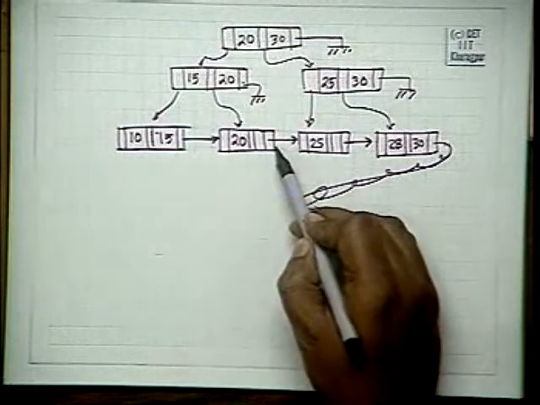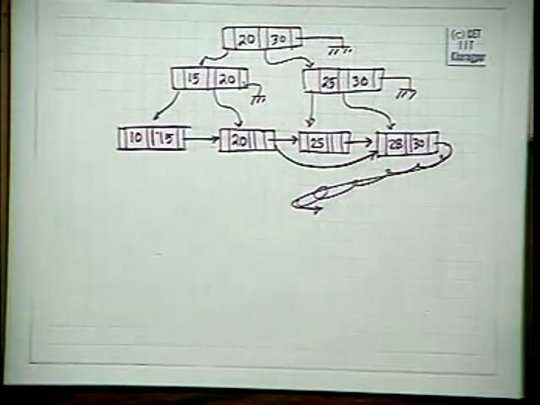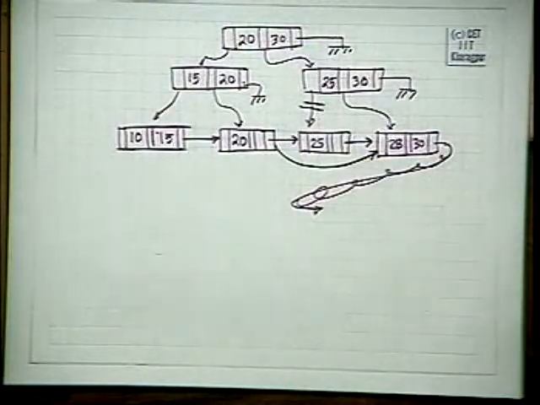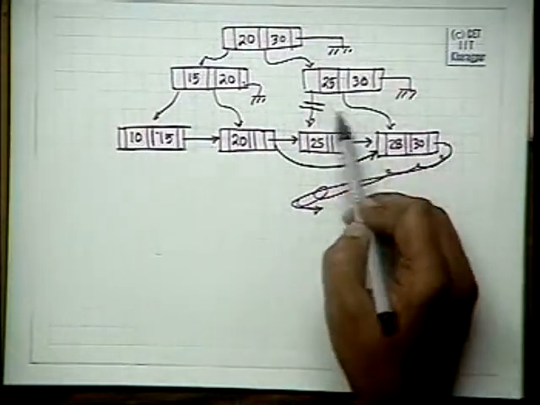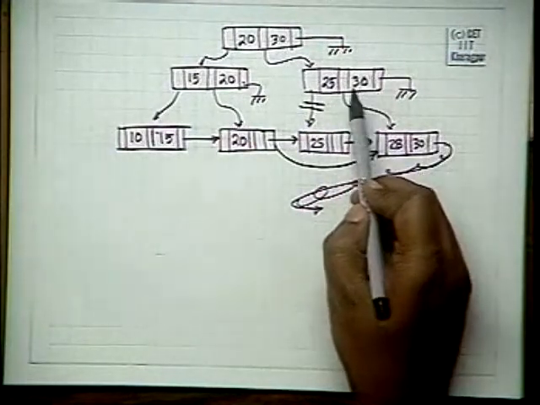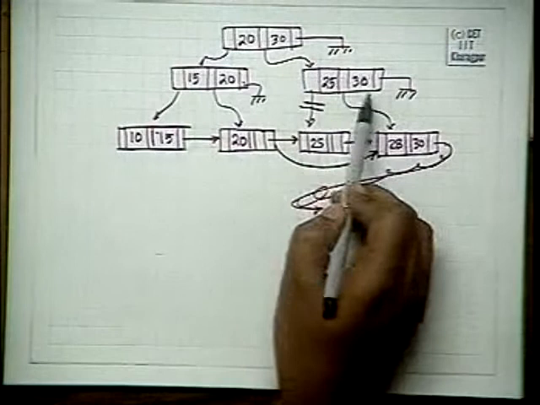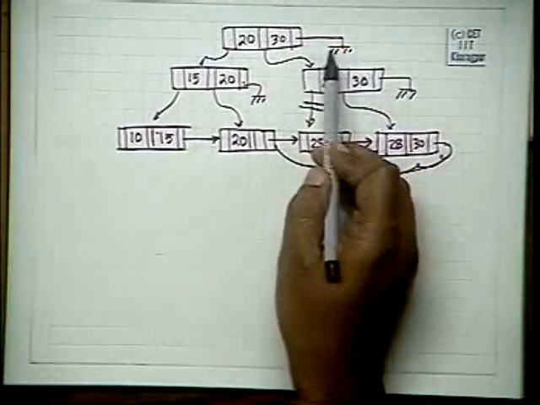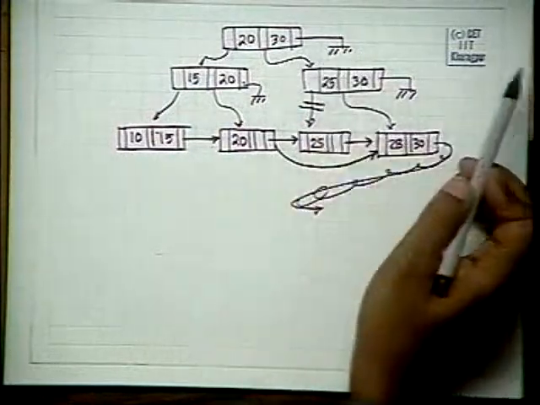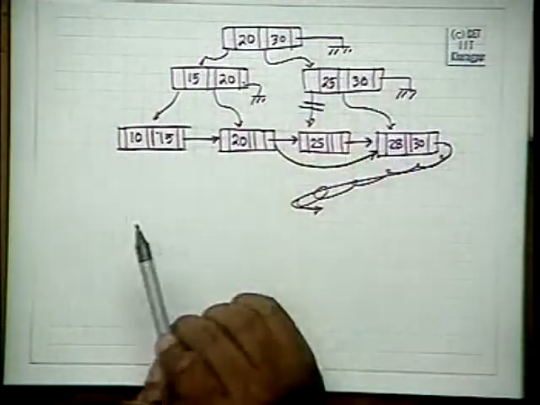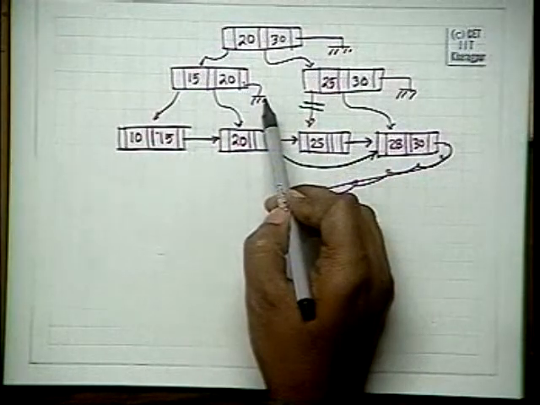If it is null, then this will be done. We will delete this. This violates the principle. Once this violates the principle, we will try to redistribute it this side or this side, whichever. Any one policy will do. This side is null, so redistribute it this side. When we redistribute it this side, we find that this is null.